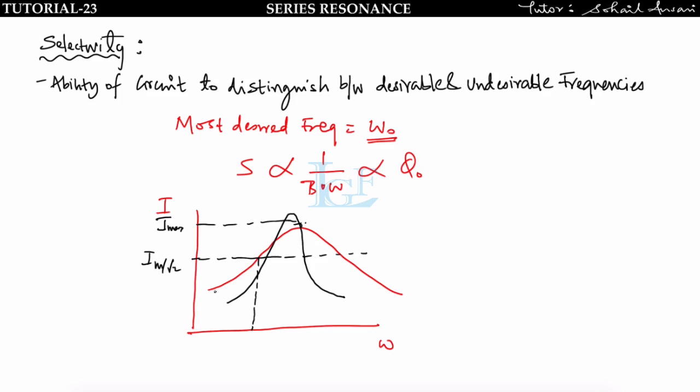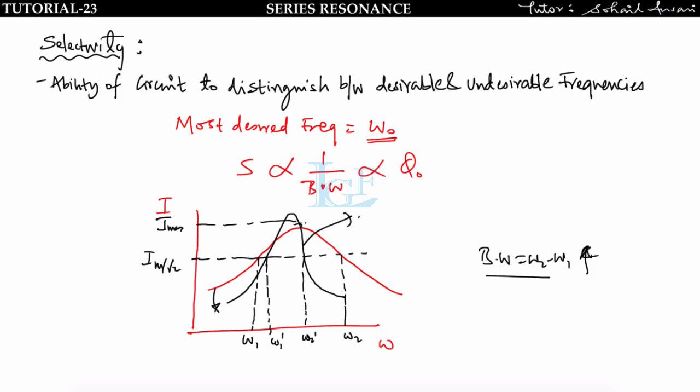For this red curve I will get high bandwidth, omega 1 and omega 2. Bandwidth is omega 2 minus omega 1, so it is more. And for the black graph I am getting less bandwidth, omega 1 dash and omega 2 dash. So the curve which has less bandwidth is more selective.